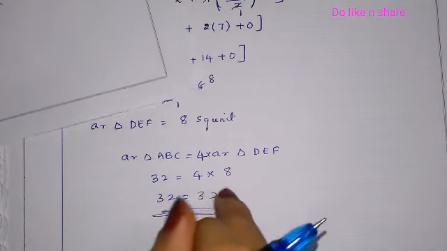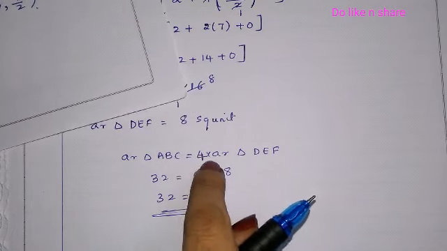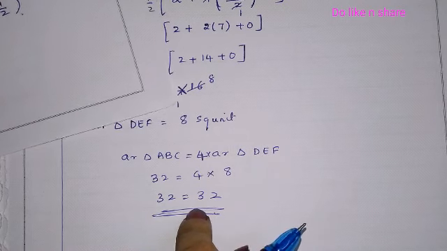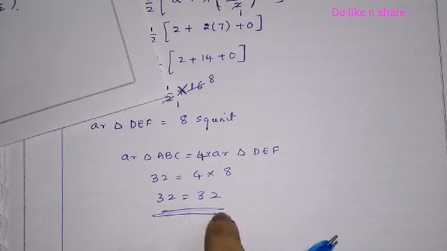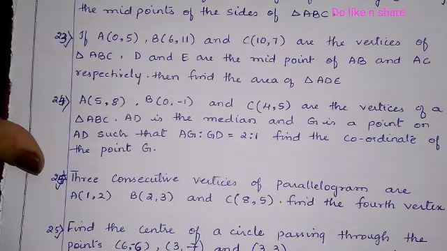So we got it correct. LHS is equal to RHS. So area of triangle ABC is equal to 4 times the area of triangle DEF. Hence proved. In the previous problem also, how we got root 10, similarly like this. We proved this also.